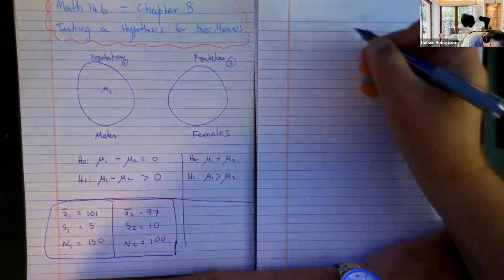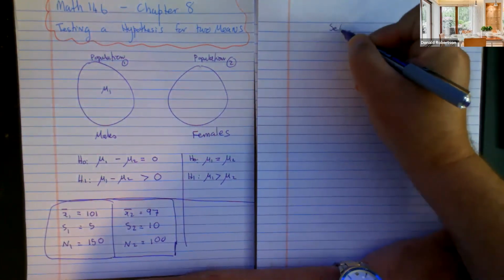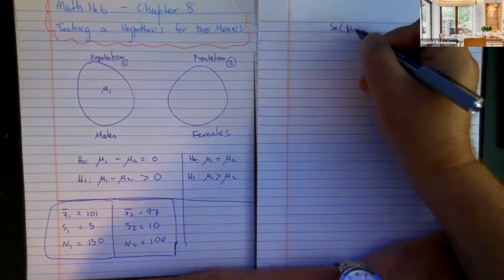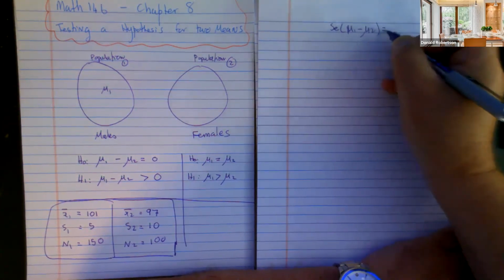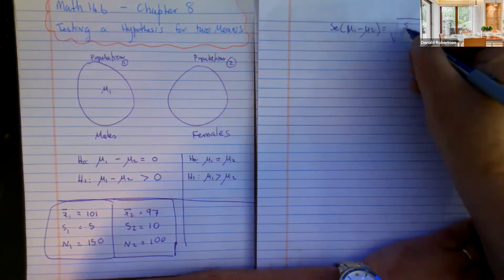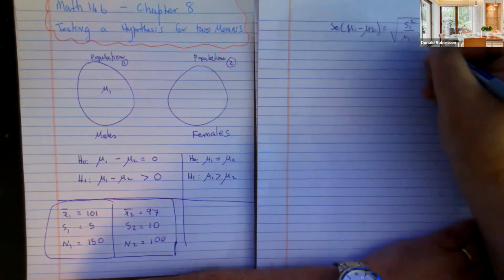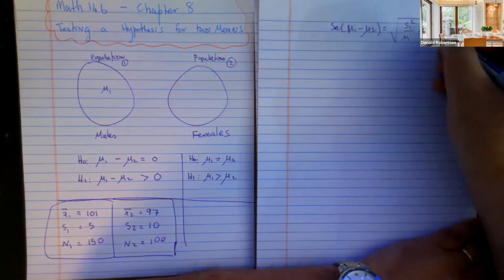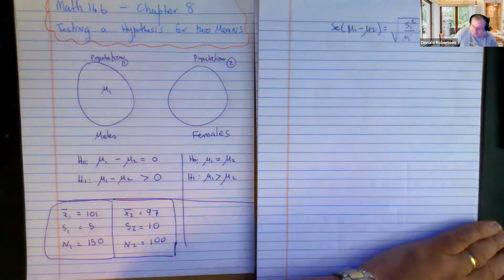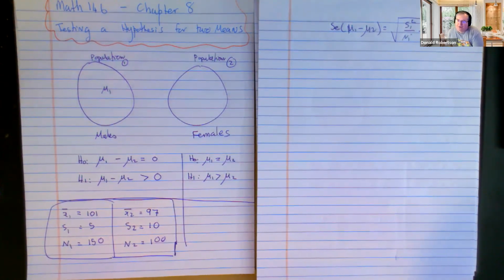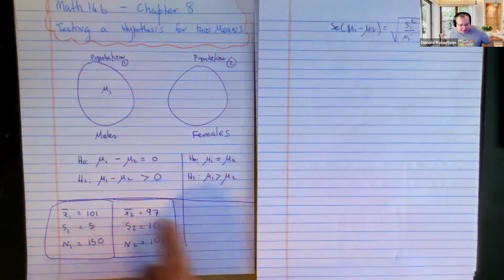Just because you'd want to or don't want to, the standard error for the difference between two means is given by that guy. And that's the formula that you would use if the two samples were independent and their standard deviations were not considered the same, right?